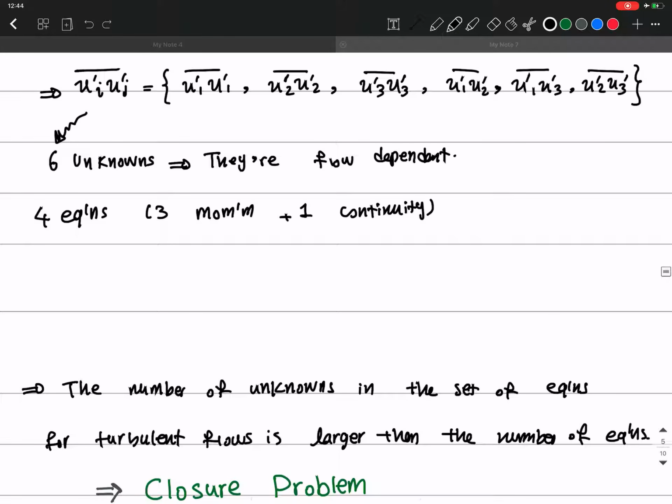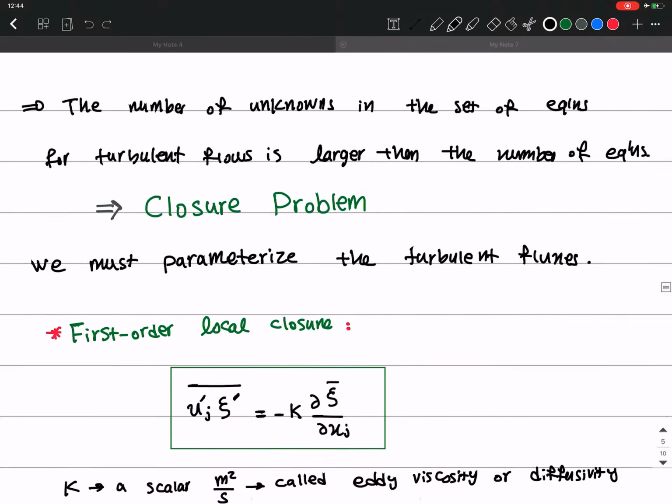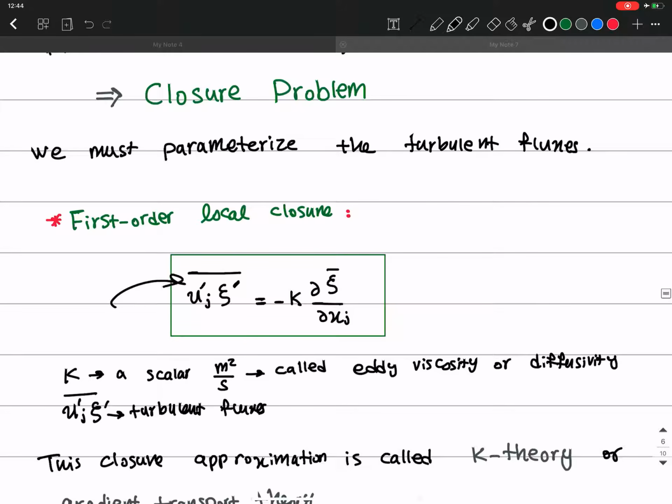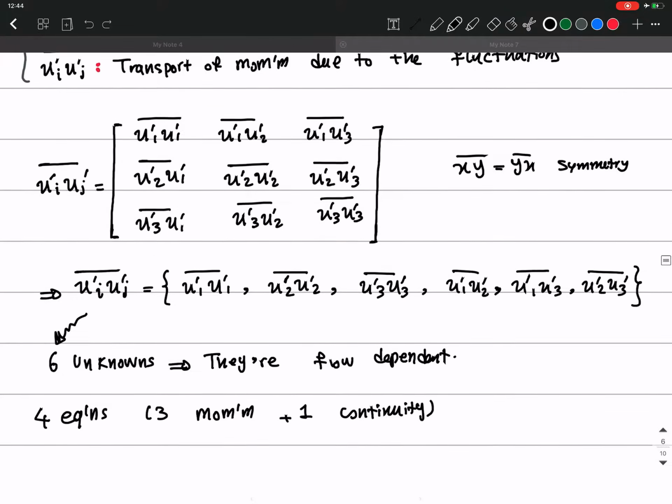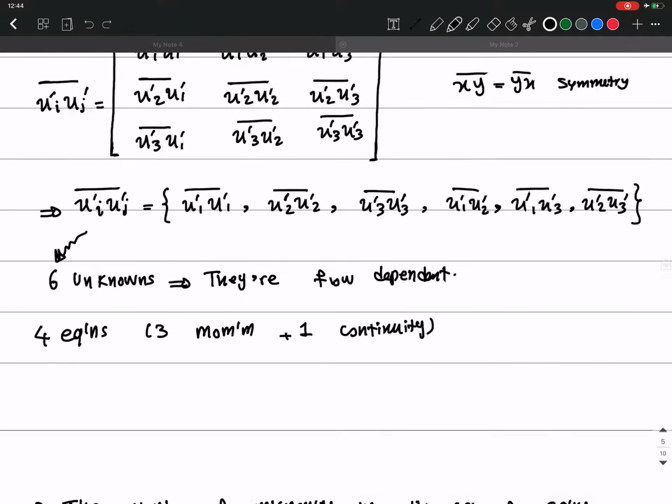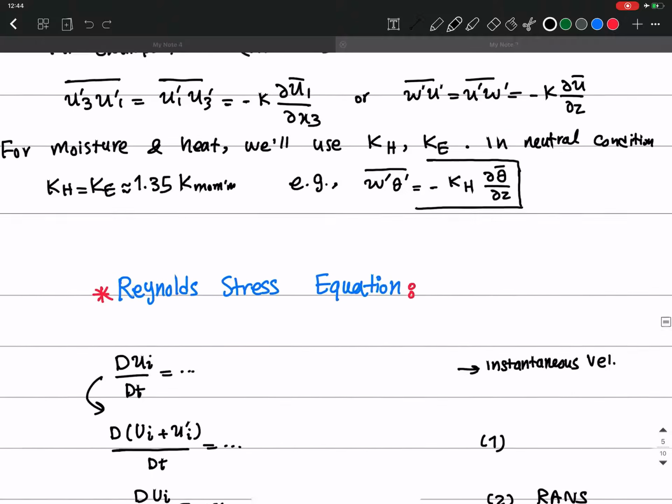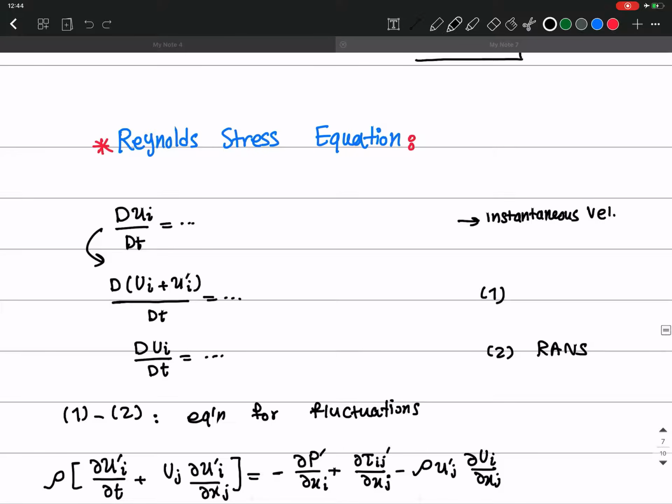So we thought if we can find an equation for these Reynolds stresses, we can close the problem. So we try to find additional equations so we can close these Reynolds stress terms that we don't actually know.